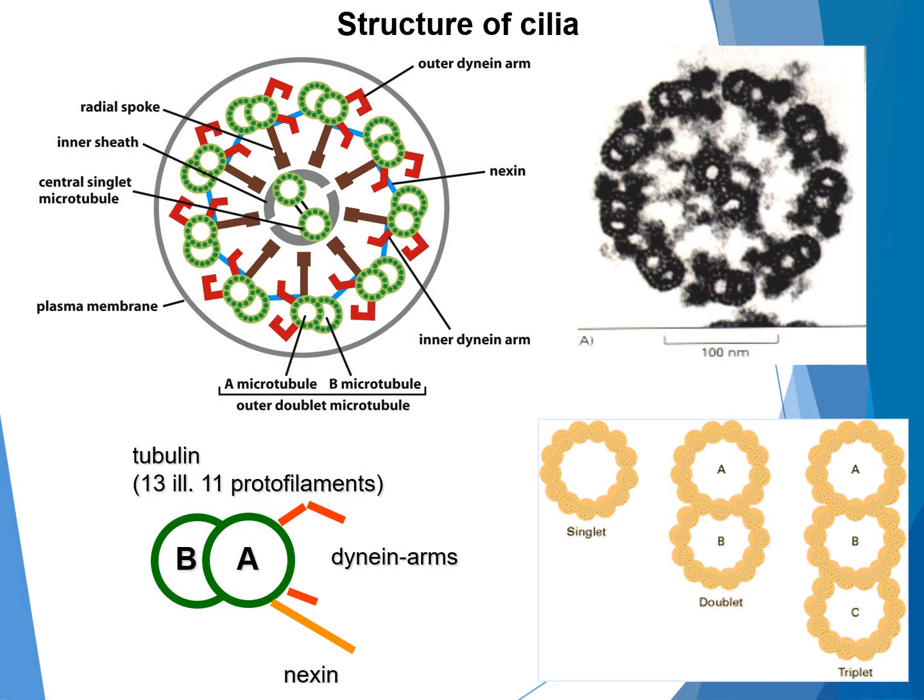Okay, and the structure of cilia is like this. Okay, it has the outer dynein arm. So that means they use the dynein. Okay, but these dyneins are attached to this alpha and beta tubulin. And this alpha and beta tubulin actually form a dimer.